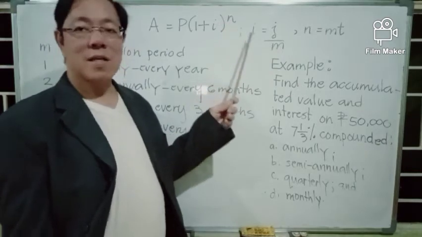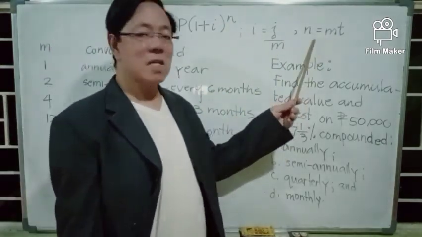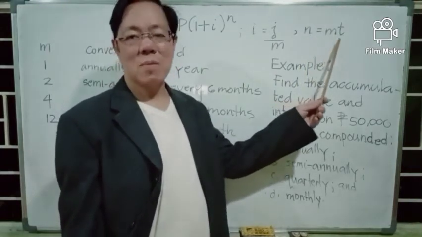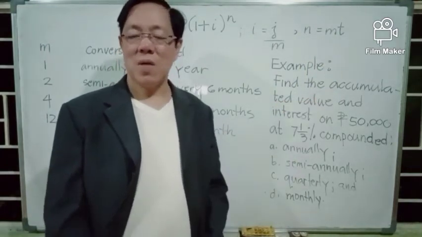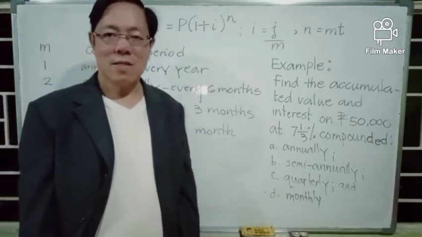And N is the total number of interest computations for T years given by this formula. N equals M times T, where T is time in years, or the period of investment in years.